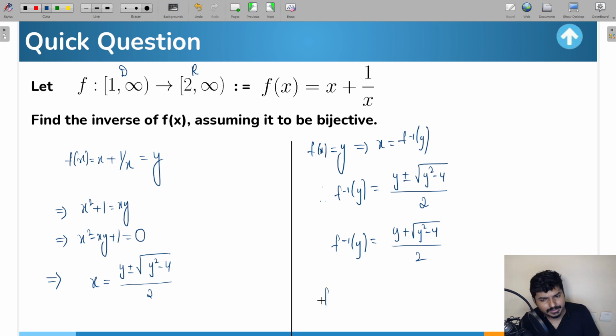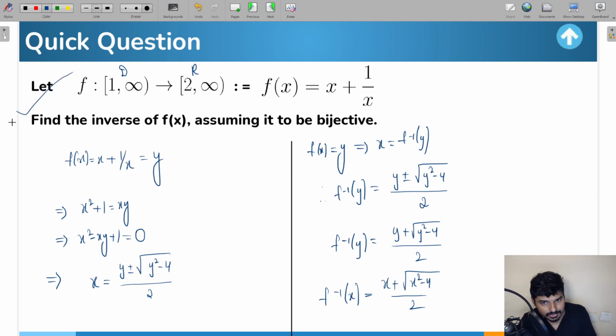If you want to write in terms of x, you can do that. In fact, if you want to find out f inverse of x now, all you have to do is replace y by x. So you're going to get x plus under root of x square minus 4 divided by 2, and that is going to be the solution. So I hope this question is clear for everyone.